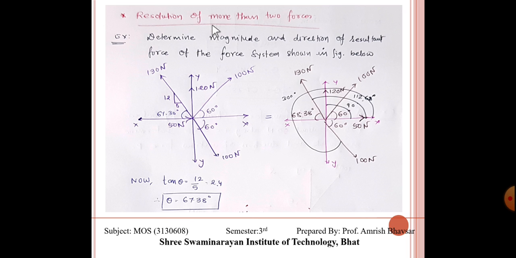Now, this is the most important thing: resolution of more than two forces. Till today, we have considered only one force or two forces. In the parallelogram law, we understood there are two forces P and Q, and we get a resultant force.